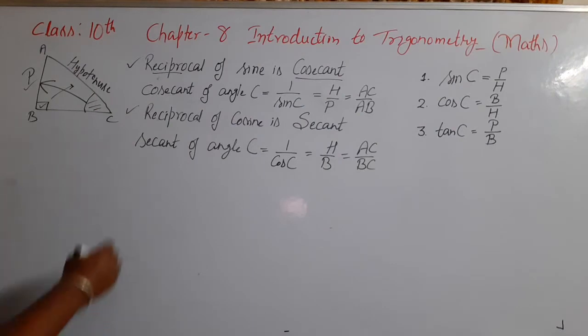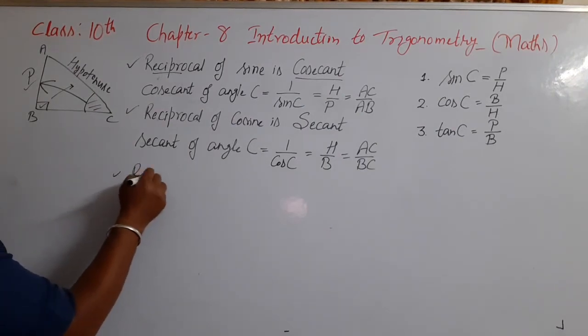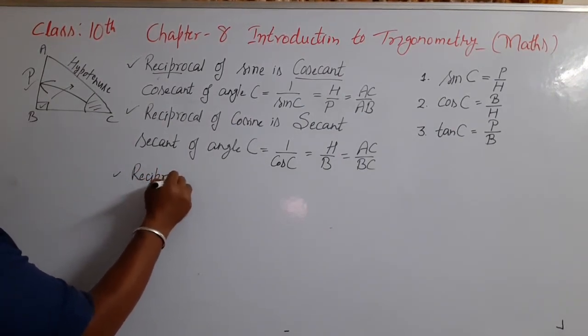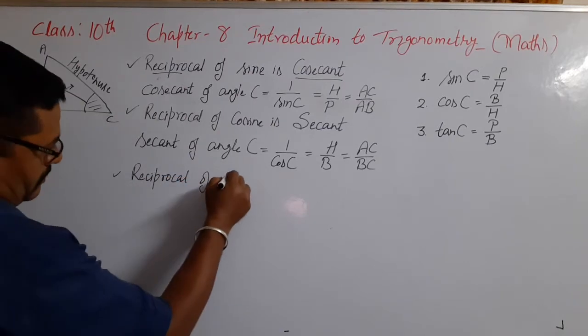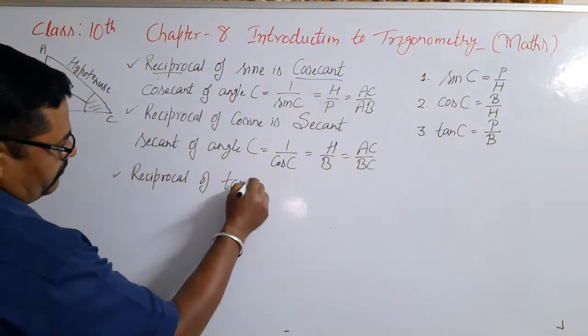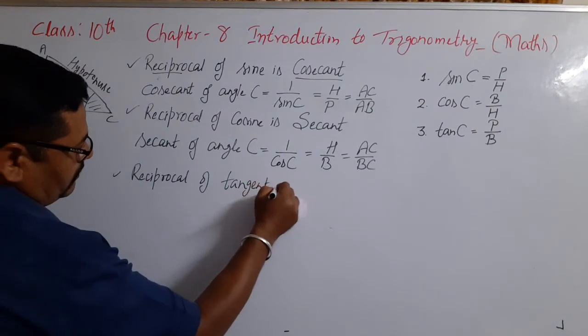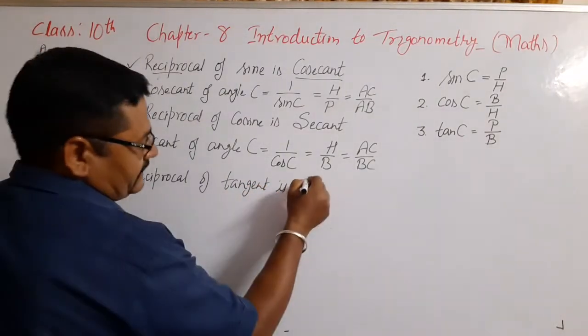Third is reciprocal of tangent, which is cotangent.